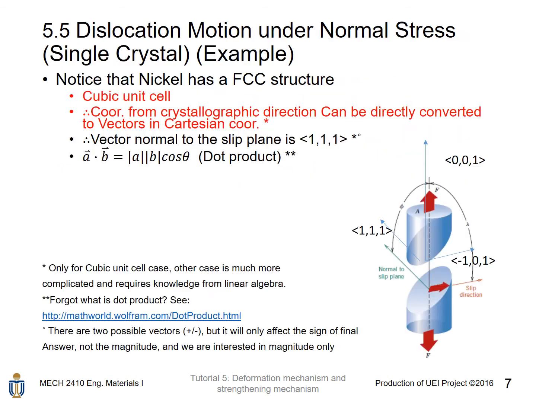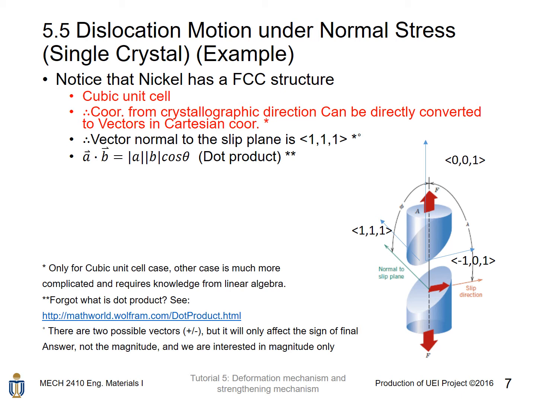Notice that nickel has an FCC structure, which means that it is a cubic unit cell. Because it is cubic, that is very, very important. It is cubic. The coordinates from the crystallographic direction can be directly converted to vectors in Cartesian coordinates.